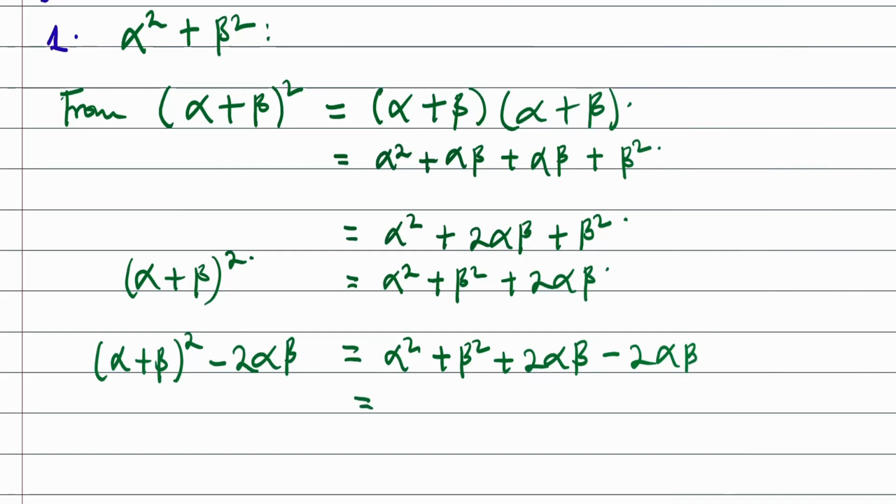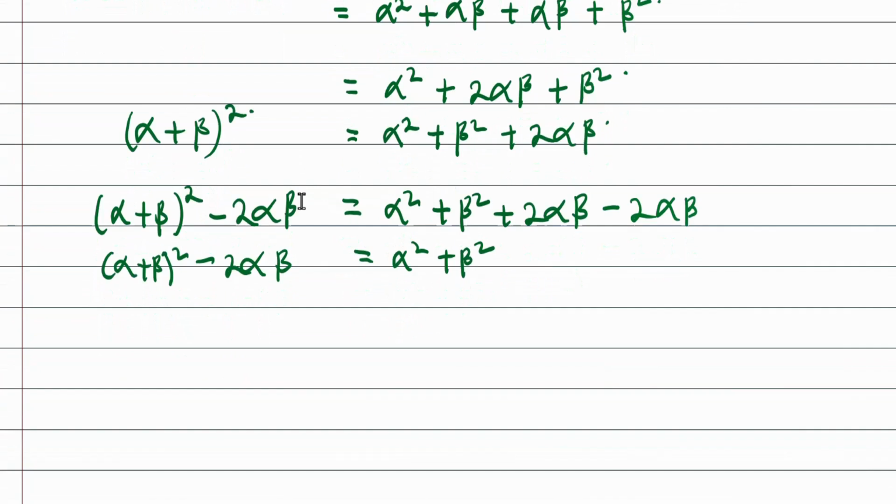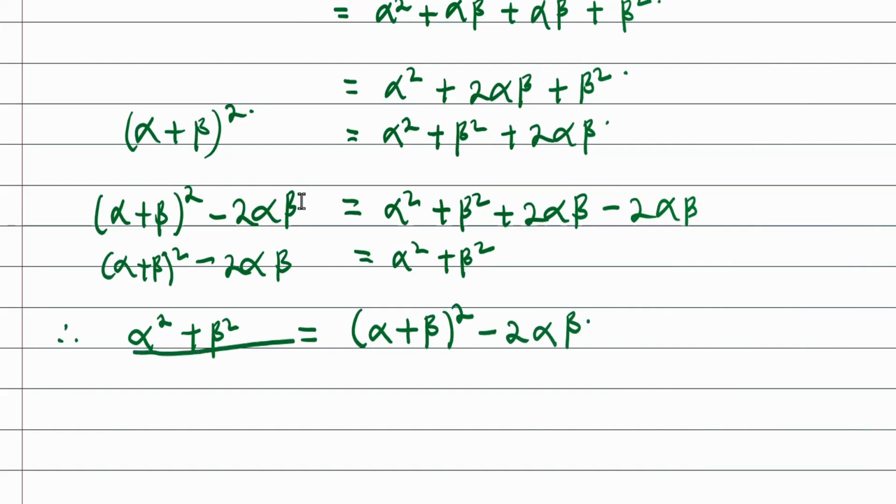So we have alpha squared plus beta squared being equal to alpha plus beta squared minus 2 alpha beta. We can conclude and say that therefore alpha squared plus beta squared is the same as alpha plus beta, squared, minus 2 alpha beta. So this could be our expression for that.